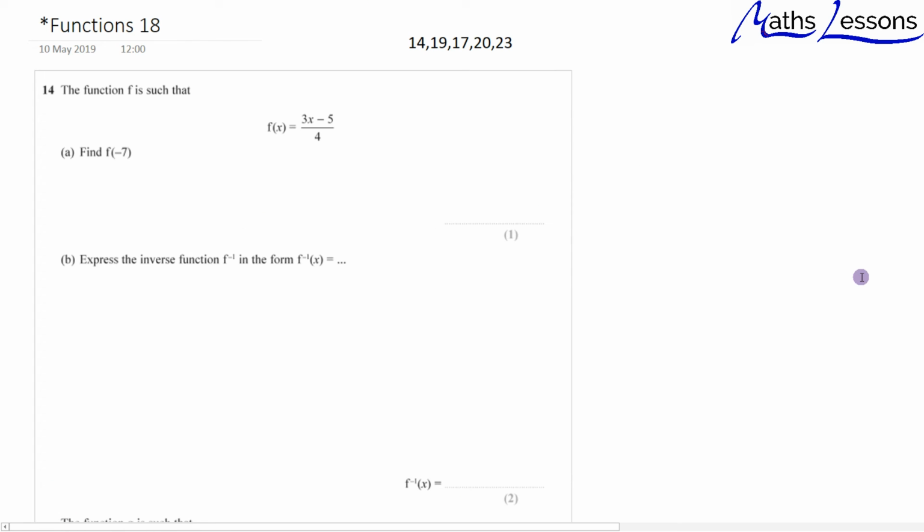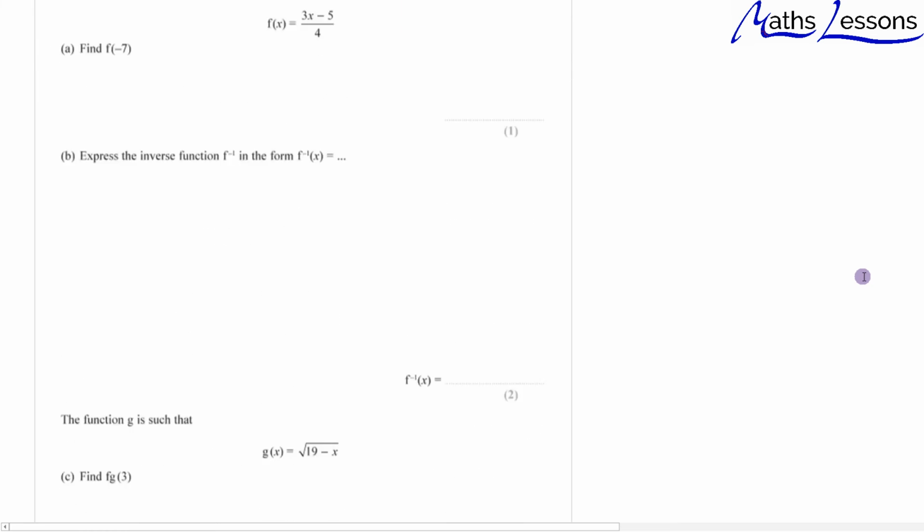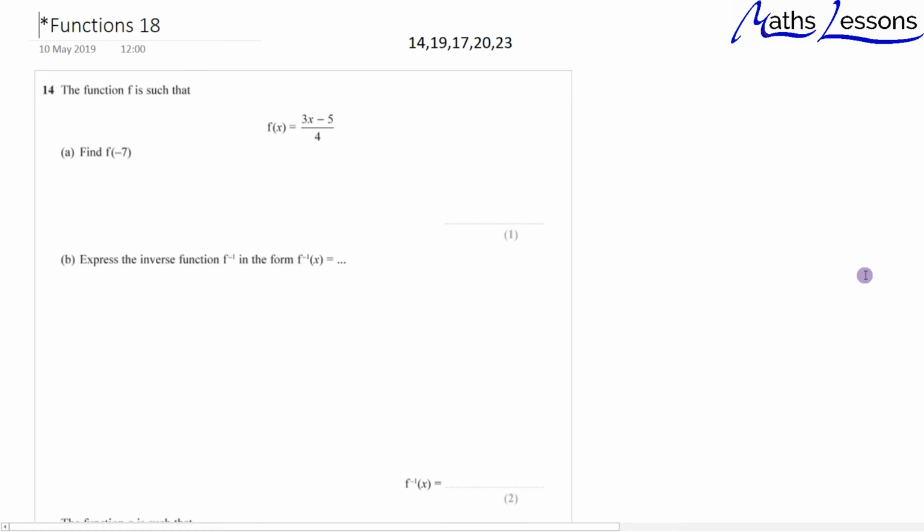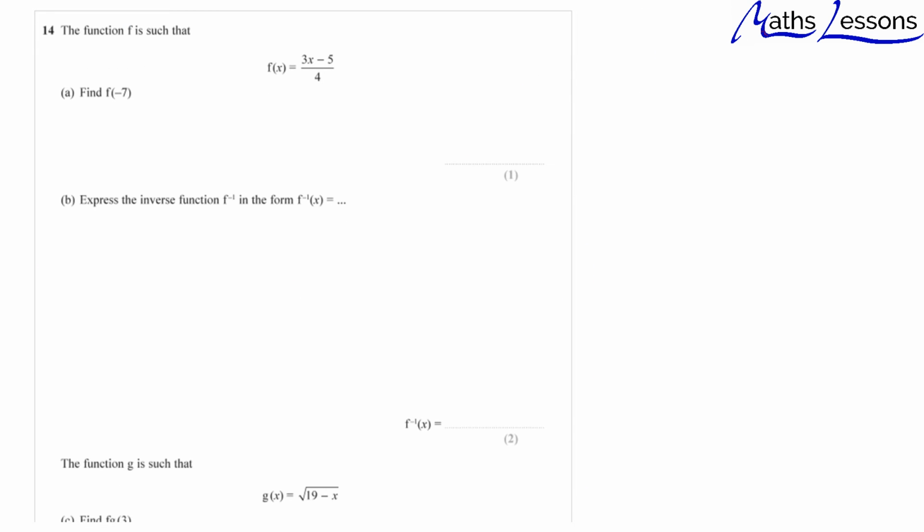So let's look at some functions. Question of bits.